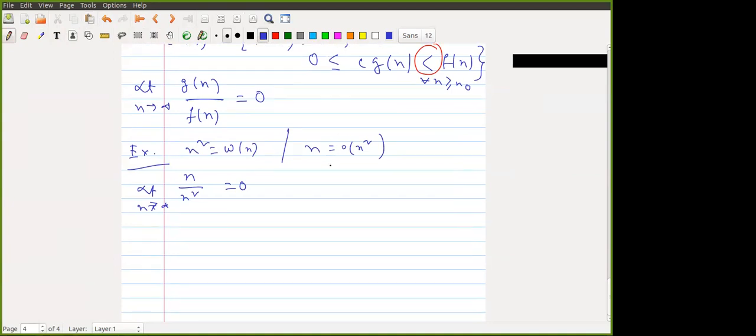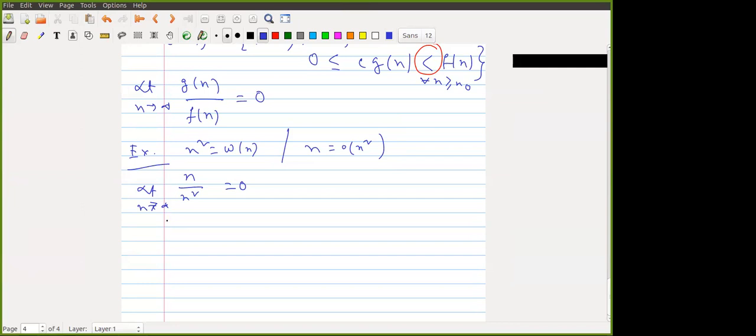One more thing, log x is small o of x. Other than that, can you give us some more examples of little or small omega notations? In some sense it feels like there would be some dominating term of x or n.